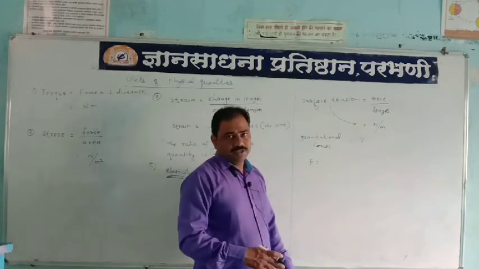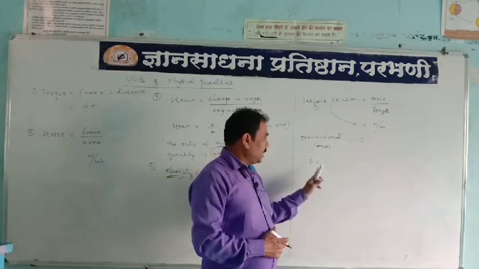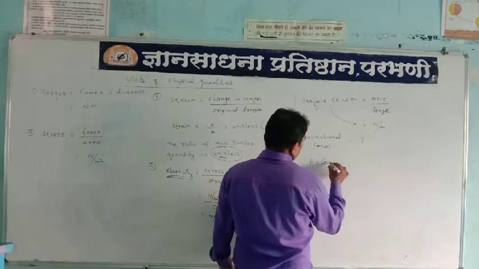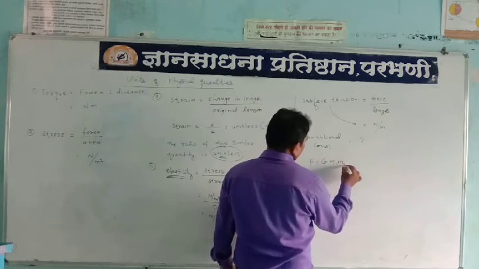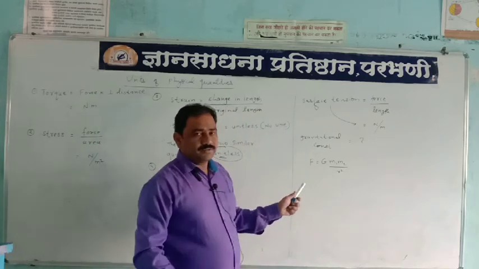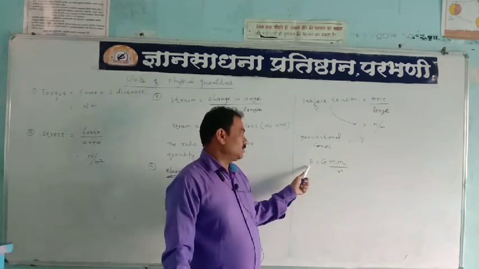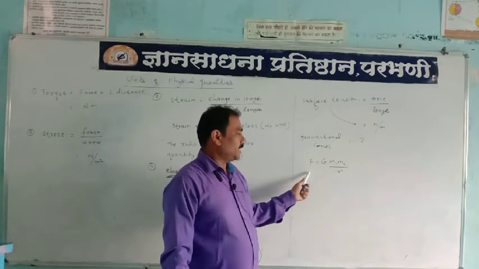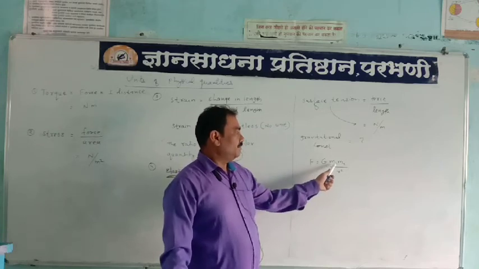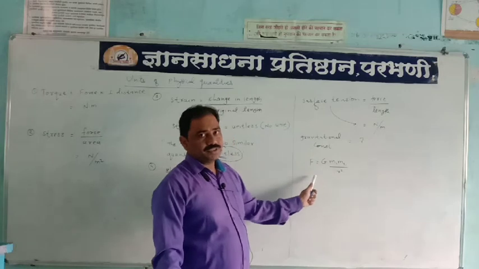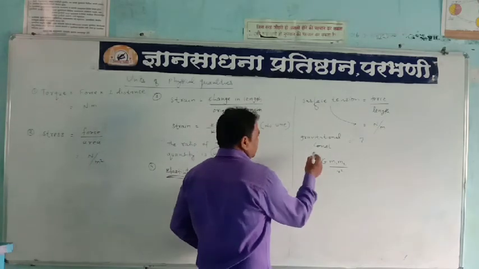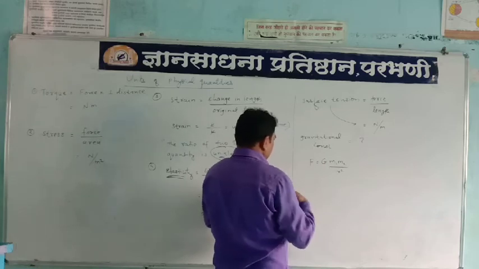Newton, so that formula is F is equal to G m1 m2 upon r square. Okay, what is the formula for force of attraction? That is, force of attraction is exactly equal to G m1 m2 upon r square. So this is the formula for gravitation. So this capital G stands for what?